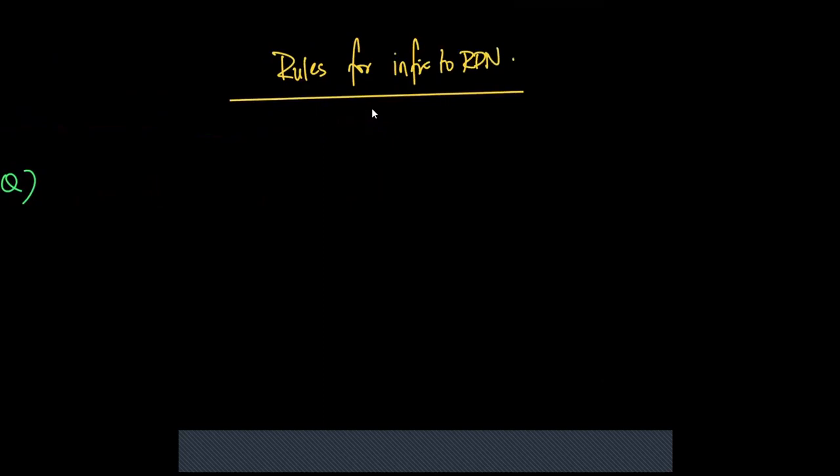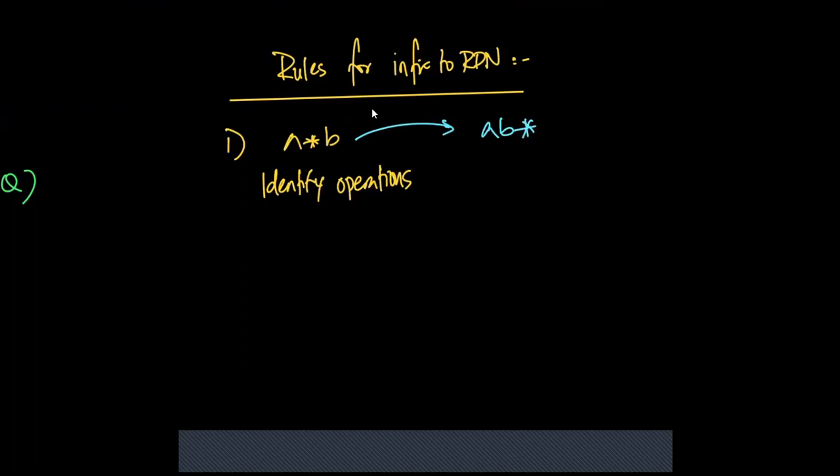To convert from infix to RPN, we first identify operations like A and B. We identify operations, and these operations are written as A B multiplied.